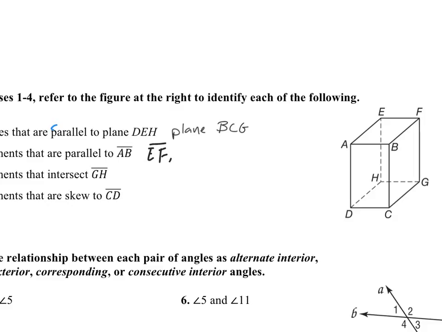I also know that HG won't touch, and neither will DC. They're all parallel to AB. So I'm going to write HG and DC. So those are all the segments that are parallel to AB.